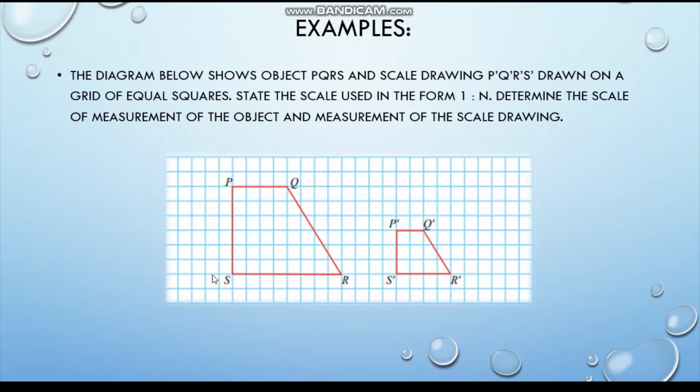Okay, the first step, we must identify the scale drawing and the object. The scale drawing has P prime, Q prime, R prime, S prime, while the object contains P, Q, R, S. This is the first step, and then remember that 1 to integer is the important tool. And then find the keyword first.